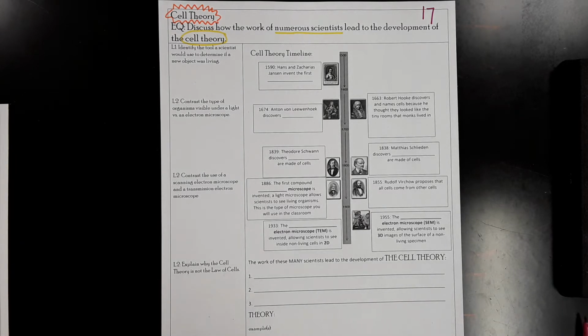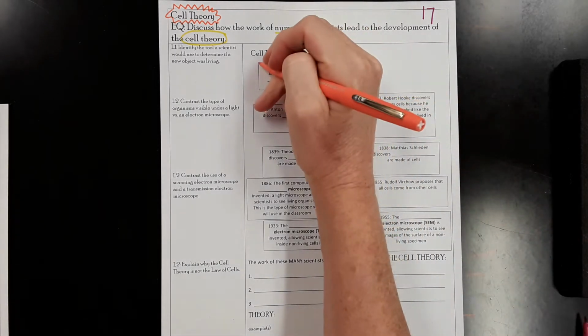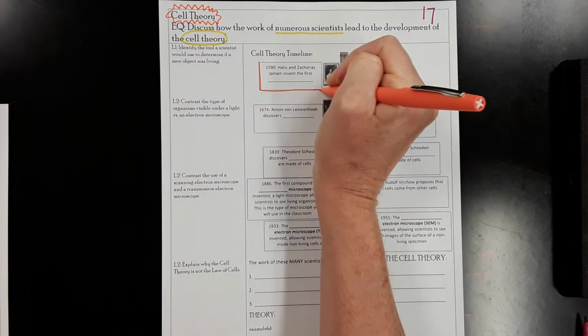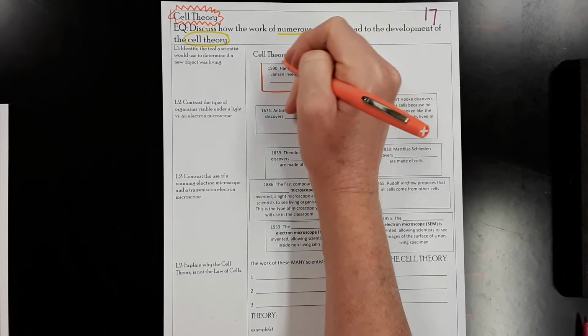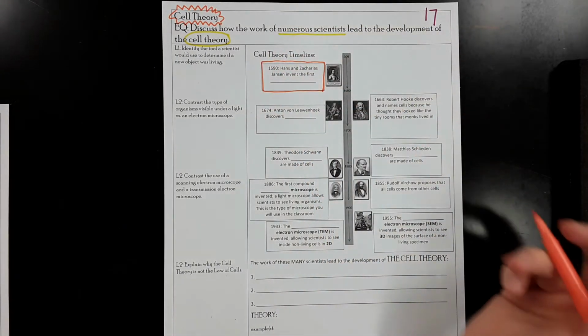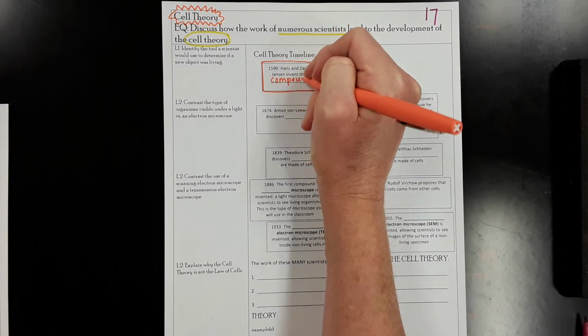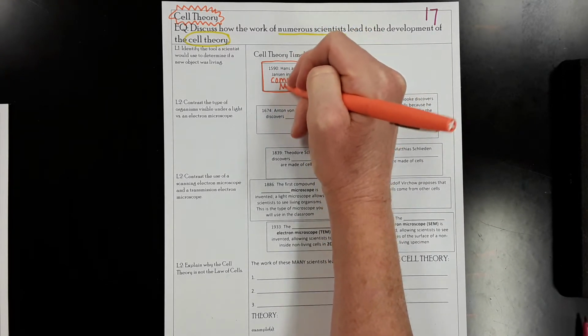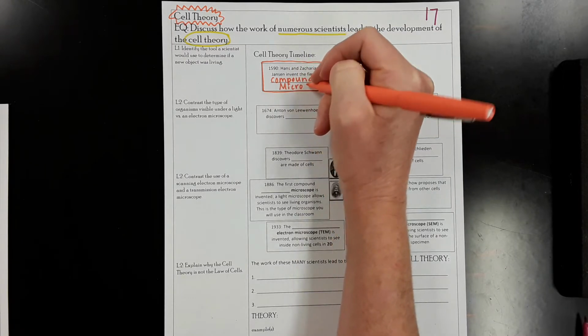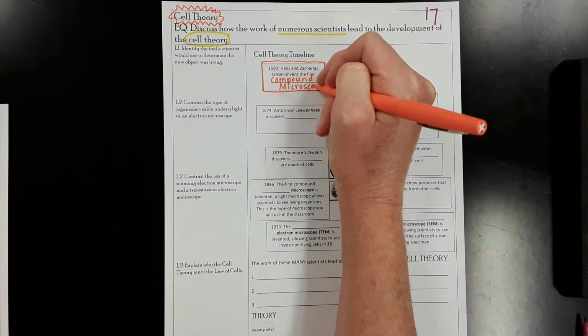So in order for us to understand and see cells at all, we first needed to have the invention of the microscope. So Hans and Zacharias Janssen, in 1590, they were optical lens makers. They created the first compound microscope. And like you saw in the video from TED Ed, this was a huge invention.